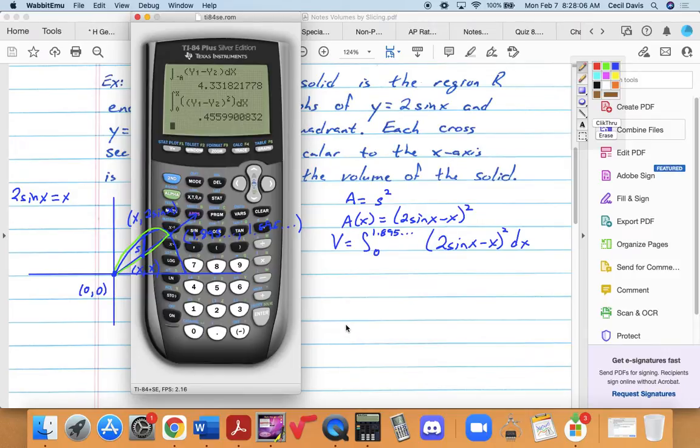So it's 0.456. If this is a calculator active problem, there's absolutely no need to expand this expression. Okay? Any questions about that one?